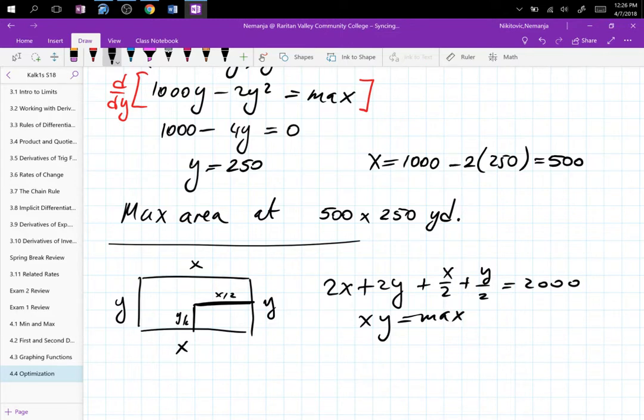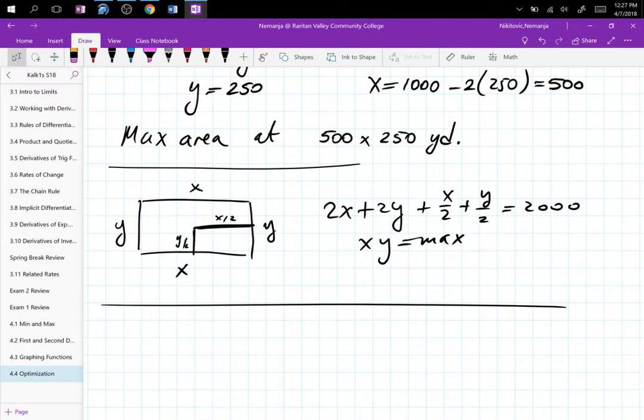And then you plow through this. So all of these problems are very structured. As long as you can get through geometry, you should be fine.